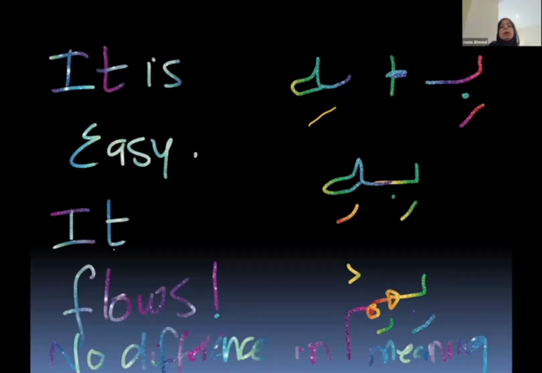Now, then we have bi as well. It's not bihu, it's bihi. Why? The reasoning is, in the Arabic language, there's a very unique characteristic that this language has: it flows. It's very light on your tongue.